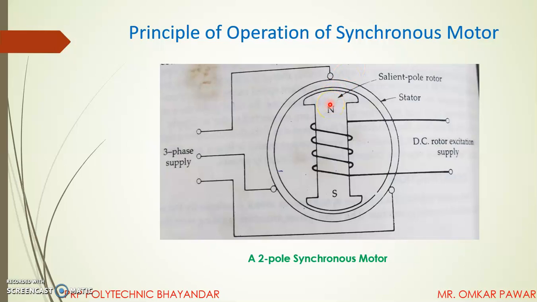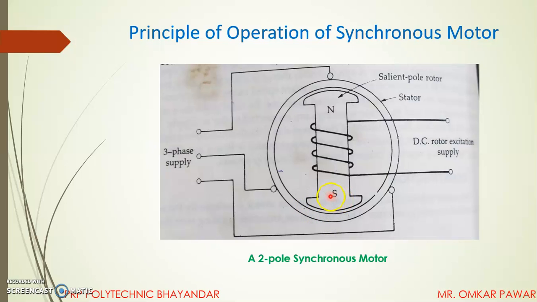If at the time of DC excitation the stator N pole and rotor N pole meet, then there is a repulsive force, since like poles dislike each other and the rotor rejects that field. But if the N pole of the stator and the S pole of the rotor meet, then there will be attraction, and due to that there will be magnetic locking between them.